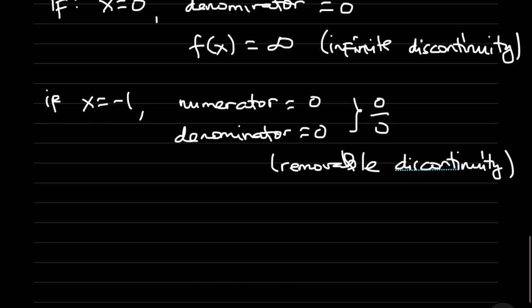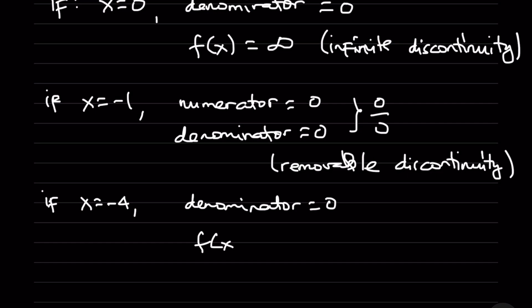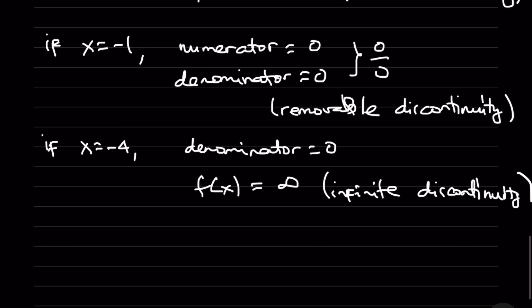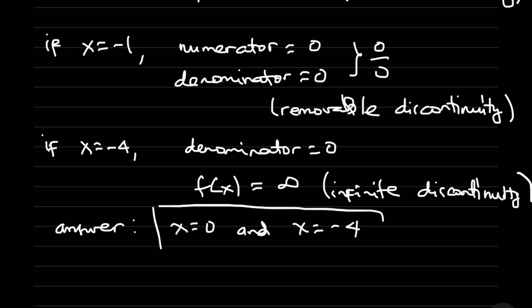And finally, if you analyze the second term of the function, for x equal to -4, the denominator will be equal to 0, but the numerator is not equal to 0. So f of x will be a certain value divided by 0, or infinity. So what you have is an infinite discontinuity. Therefore, the answer would be x equals 0 and x equals -4. Two values of x for infinite discontinuity.